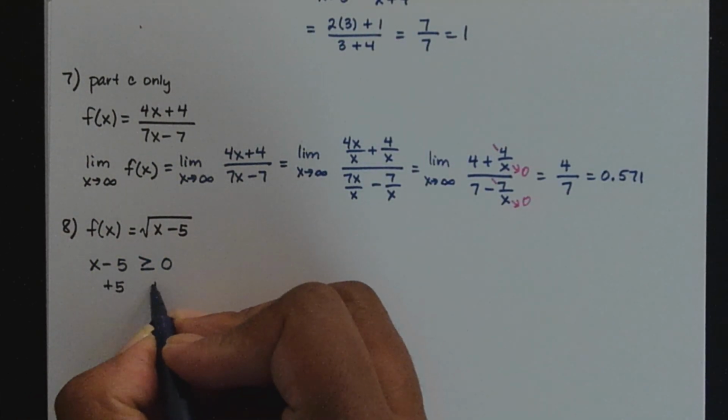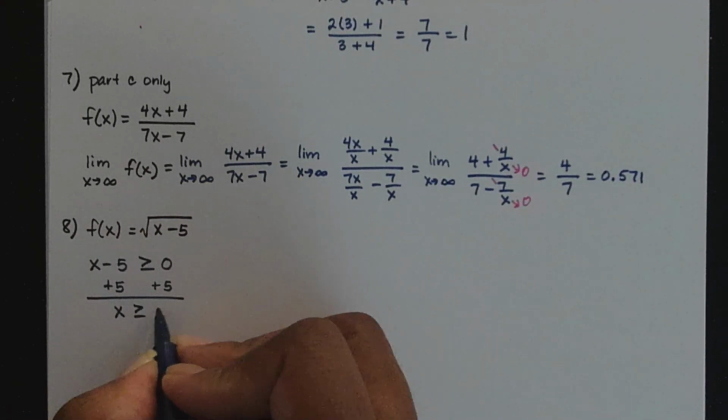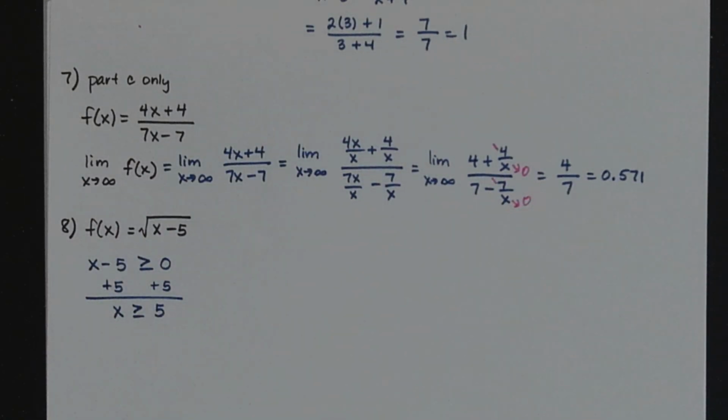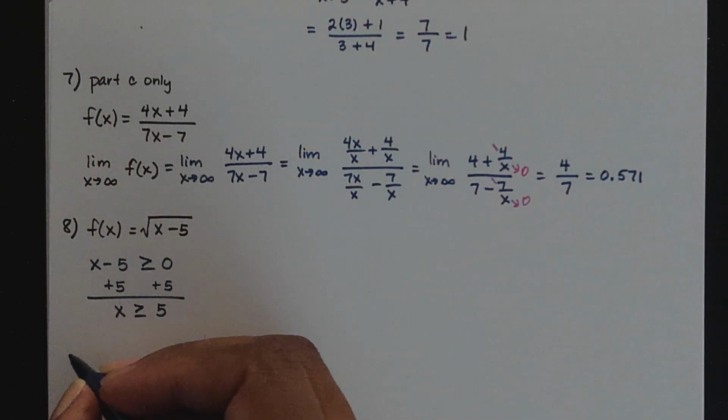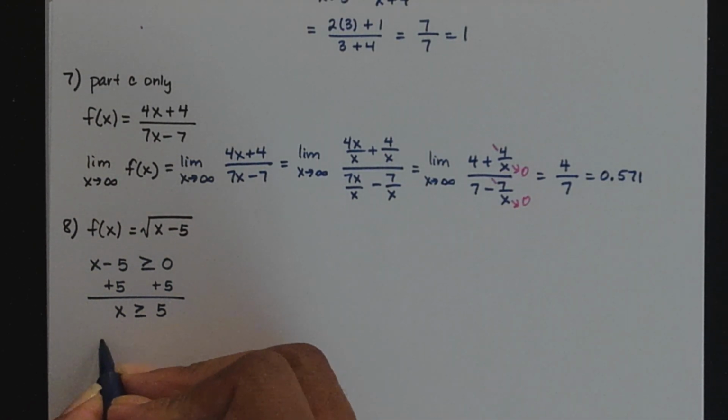So if I add 5 to both sides, that means x is greater than or equal to 5. Meaning any x value greater than or equal to 5 will satisfy that radical function. And they want the interval notation for this.